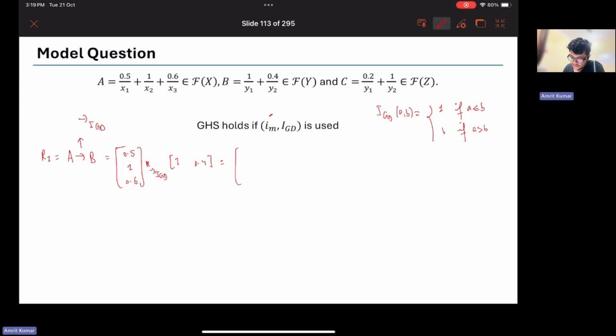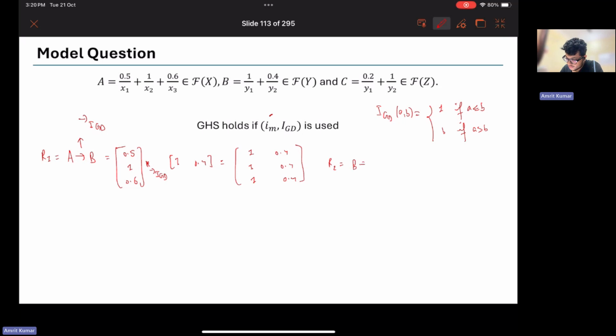So what will this Gödel implication be? It will be 1, 0.4, 1, again 0.4, 1, 0.4.